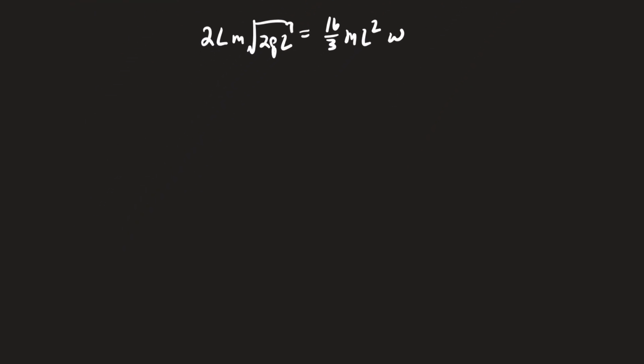All right, this is algebra, this isn't physics, but I'm going to get rid of an L. I'm going to get rid of an M. And I can get rid of the 2 and make that a 4. Oh, I'm sorry, an 8. But I think that's about it. So I'm just going to go ahead and resolve this. Multiply both sides by 3, and I'll get 3 root of 2GL over 8L.